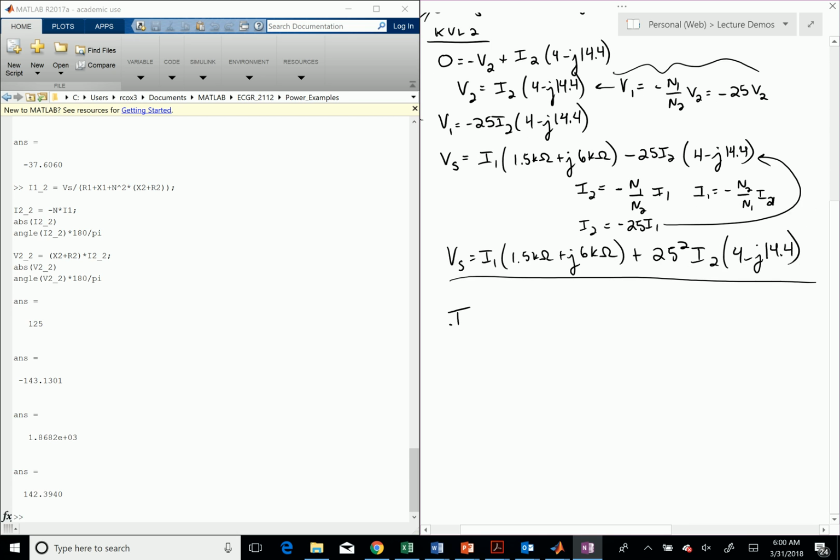So my I2 is equal to 125, which is the same magnitude I had before, but what I have is an angle of 143.13, and my V2 has the same magnitude, 1868, and has an angle of 142.39 degrees.